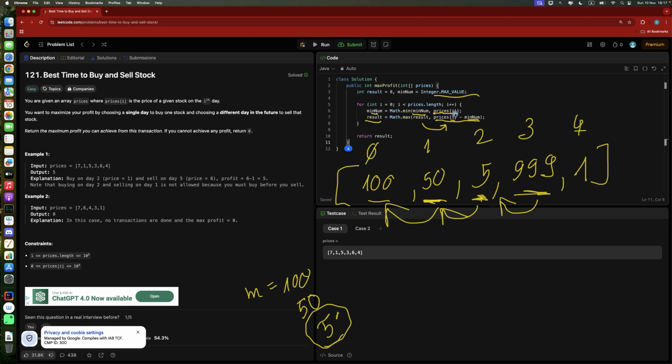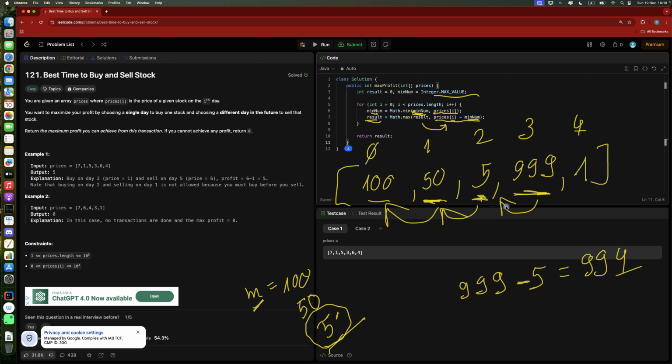This value here will not get updated. So then we say result is equal to the result, which is 0 for now. And the second statement is price i, this number, right? Minus the minimum number so far, which is 5. And the result will become this, right?